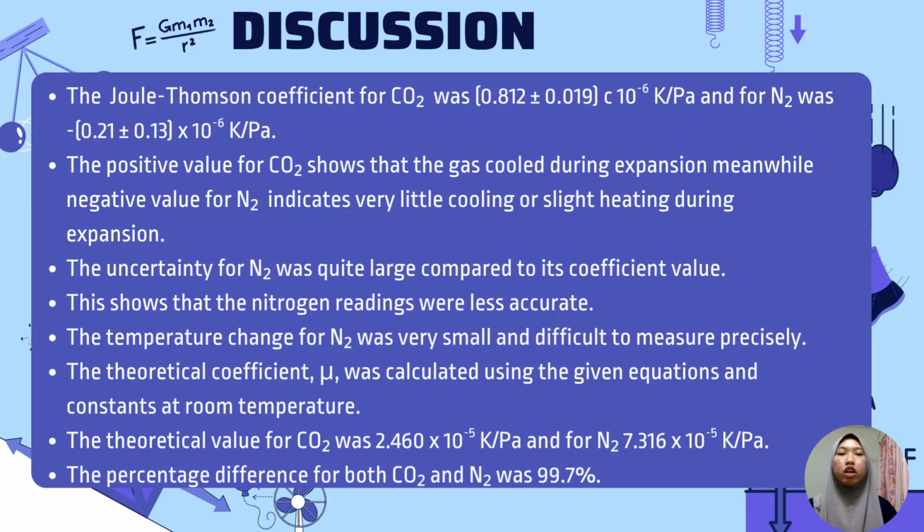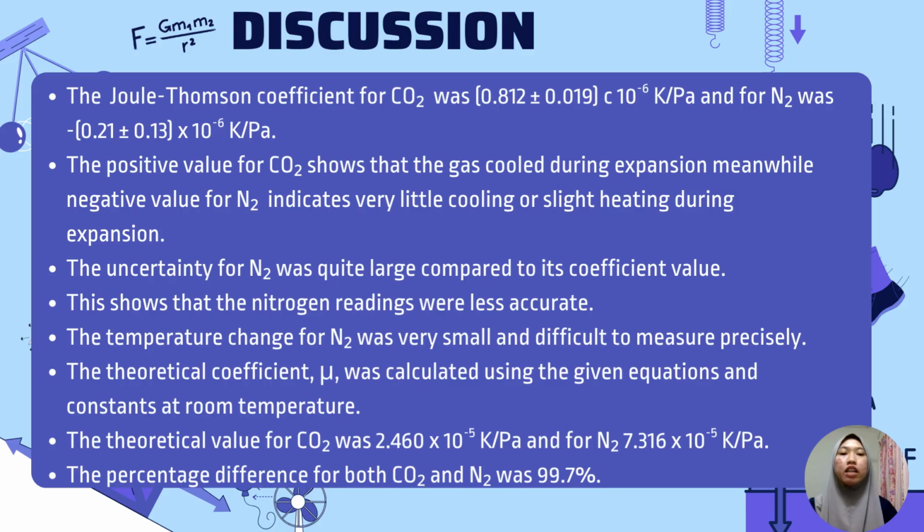For nitrogen, the coefficient was negative 0.21 plus minus 0.13 times 10 to the power of negative 6 Kelvin per Pascal, showing that nitrogen experienced very little cooling or slight heating during the process. The uncertainty for nitrogen was quite large compared to its coefficient value, which means the readings for nitrogen were less accurate because the temperature change was very small and difficult to measure precisely.